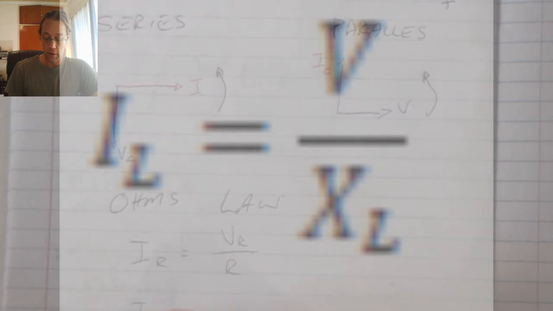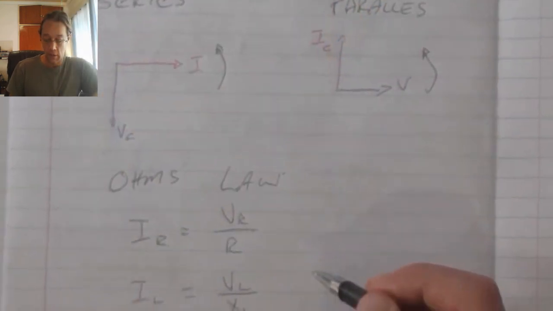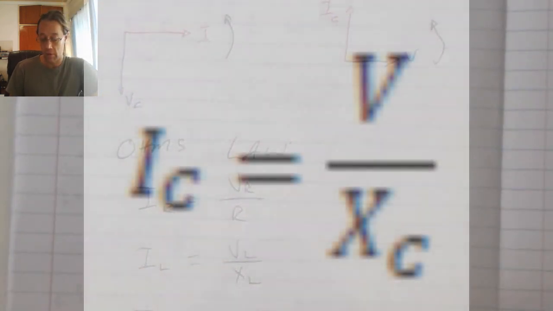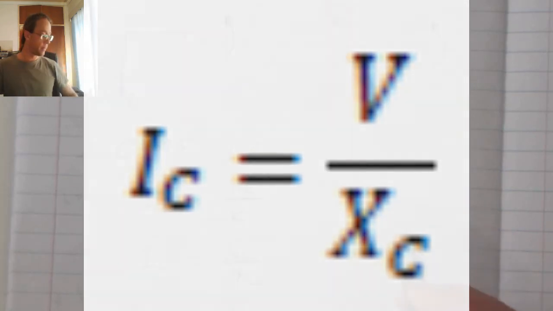The current flow in the inductor is equal to the inductive voltage divided by the inductive reactance, and then the capacitive current is equal to the voltage on the capacitor divided by the capacitive reactance.